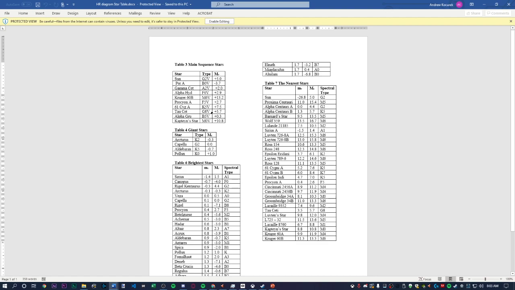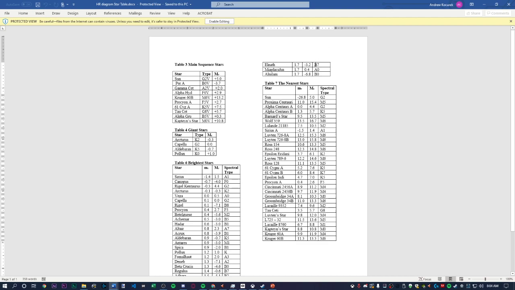There's the Sun, Gamma Ceti, Alpha Hydrus, Kruger 60b. These are just different stars. You can see they are all absolute magnitude.